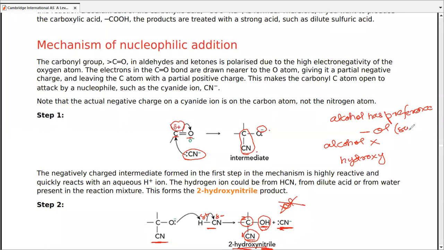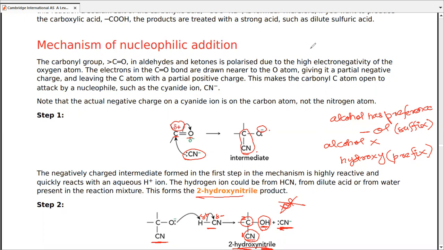Now "ol" is a suffix and used at the end of the name. Hydroxy is a prefix usually used in the middle of the name, mostly not at the start. Even if it's present at the start, the number would always be before it. So it gives you 2-hydroxynitrile products.